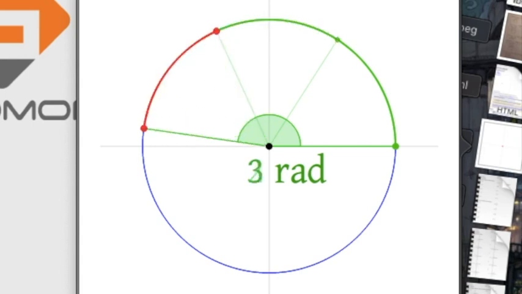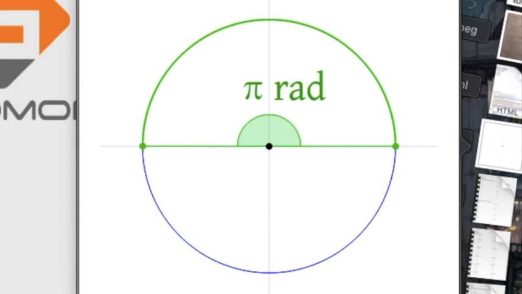As you can see, as we keep adding these around, we eventually get to pi. So this is where pi is coming from. That's 3.14 radians, so that's half of the circumference. That means that in an entire circle, there are 2 pi radians. So those are going to be important for us.